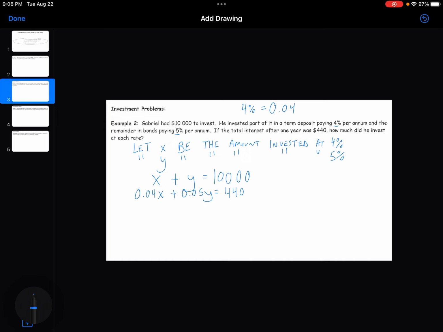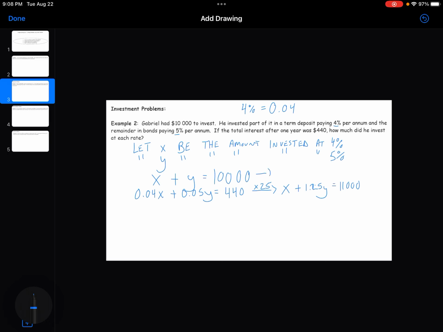Now, if we wanted to, we could then rearrange this or multiply this. What we'll do is we'll times this whole thing by 25. 0.04 times 25 is going to give us 1, so that's going to be X plus 0.05 times 25 is 1.25Y. And then 440 times 25 is going to give me 11,000.